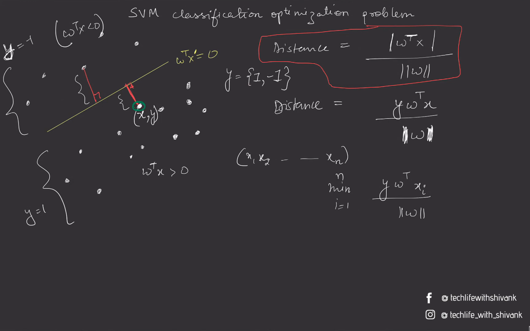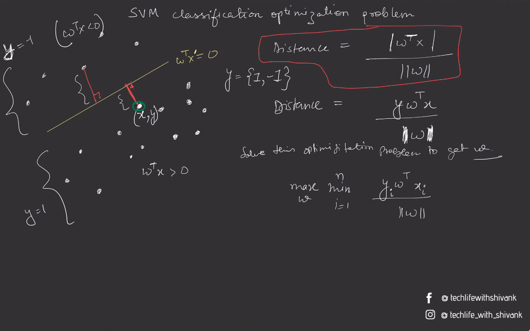And for this minimum point, for this xi, we have to find a W such that this distance is maximum. Here yi is the label corresponding to the point xi. So we have to solve this optimization problem to get W, or the decision boundary, and this optimization problem can be reduced to a simpler problem as follows.